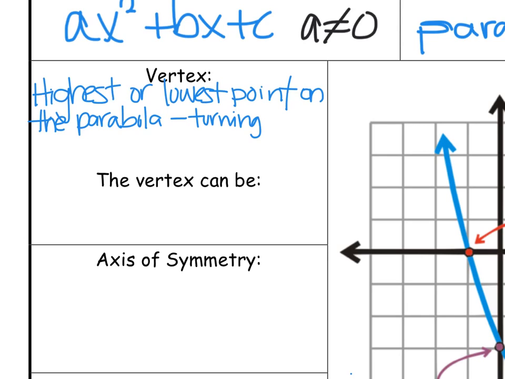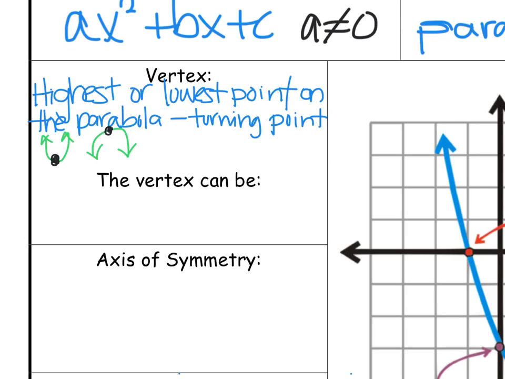So when does the parabola go from either increasing or decreasing? When is the turning point? If we have a parabola that opens upward, the vertex would be right there. And if we have a parabola that opens downward, the vertex would be right there. So it's either the highest or the lowest point.